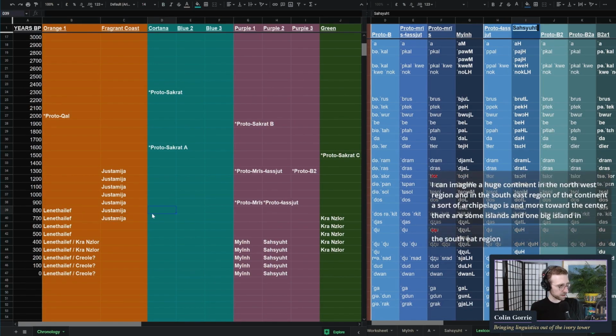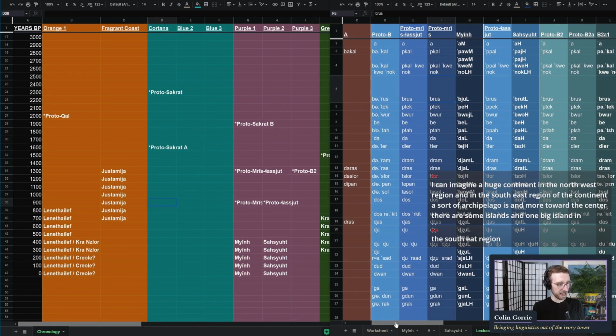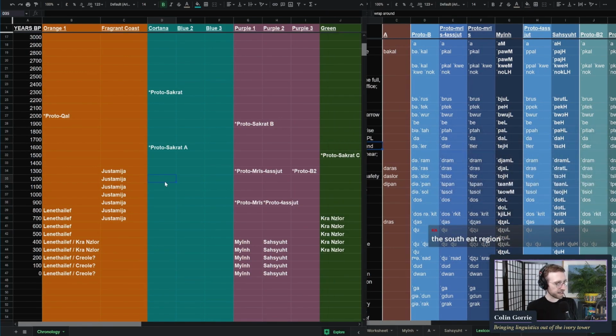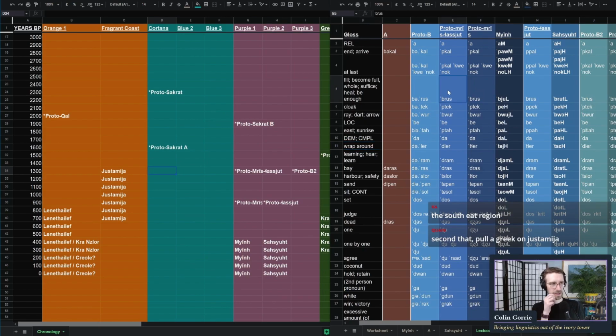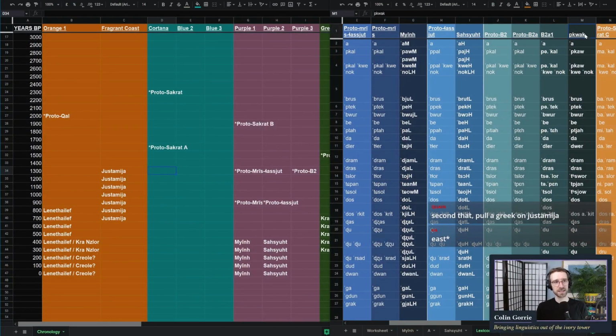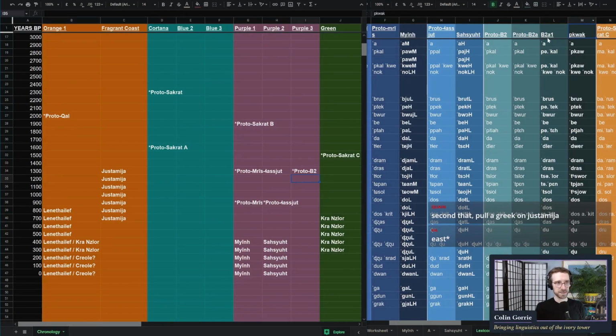We should talk about Sakrat A then, because we have worked on that a bit. So Sakrat A could be, well, we don't really have a descendant language for it, so we'll leave it. What else have we worked on? What else do we have to bring in? Oh yeah, Pquak. So Pquak needs a spot. So we have Proto B2 here.